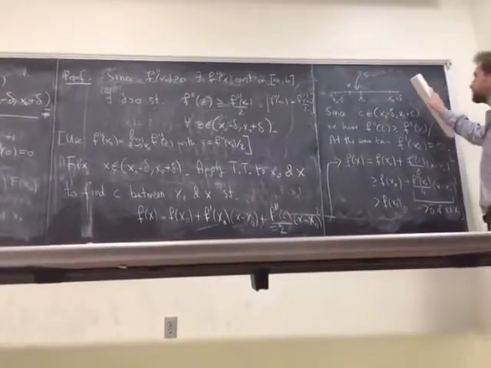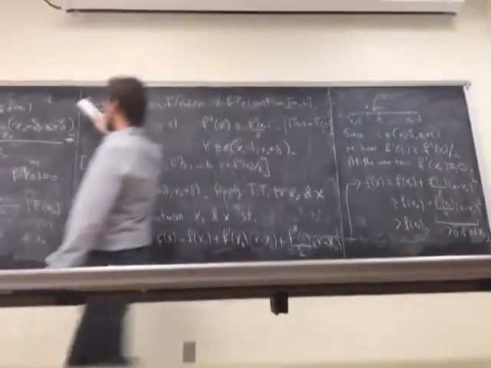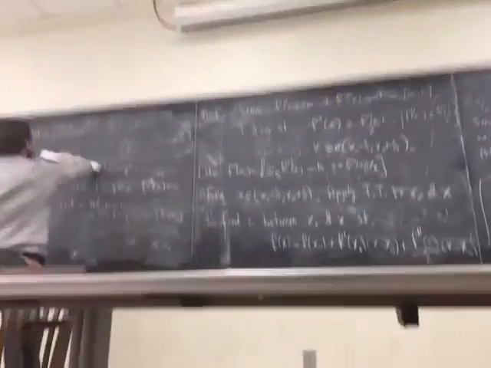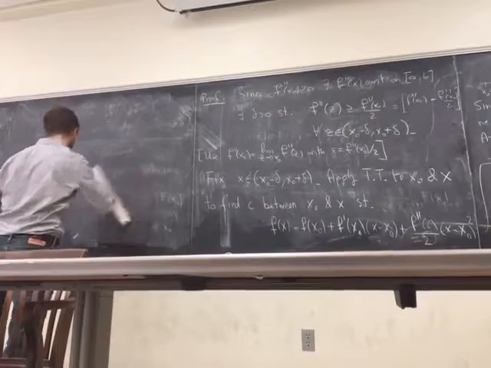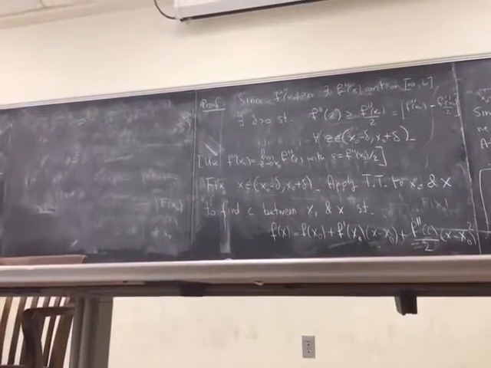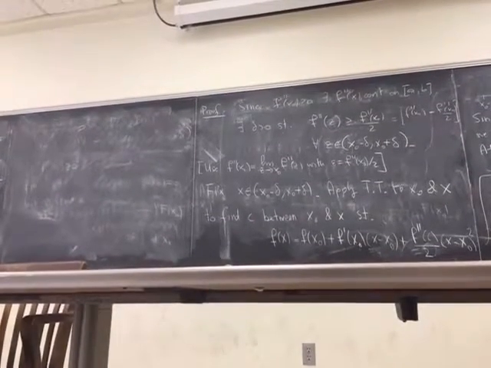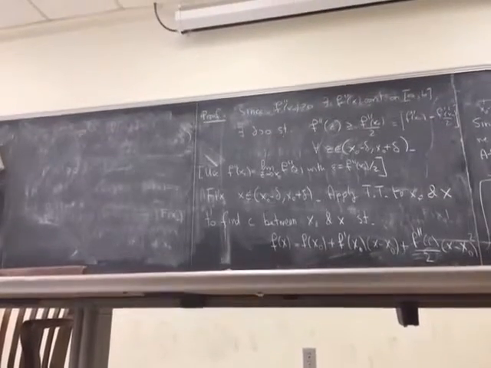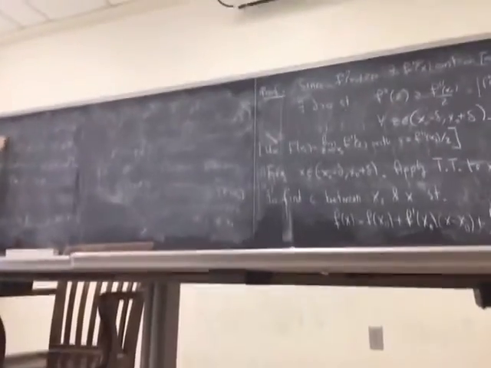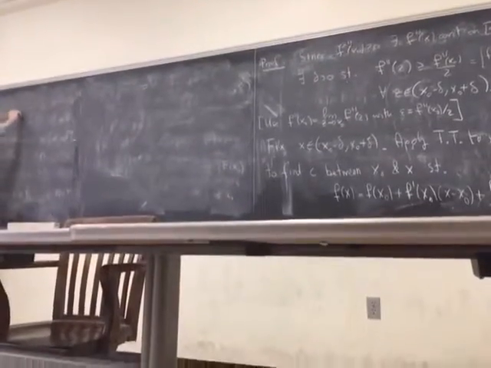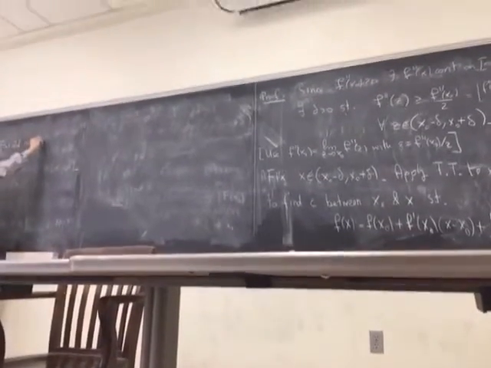That's exactly the same. So now let me show you something else you can check from the Taylor theorem. Take a function f of x defined on an interval AB.